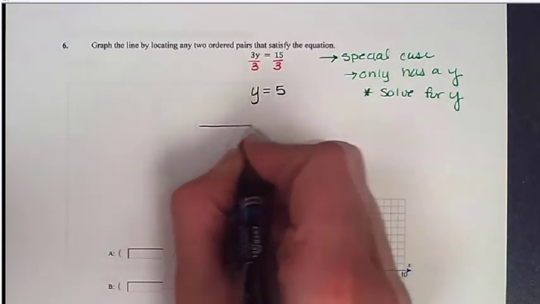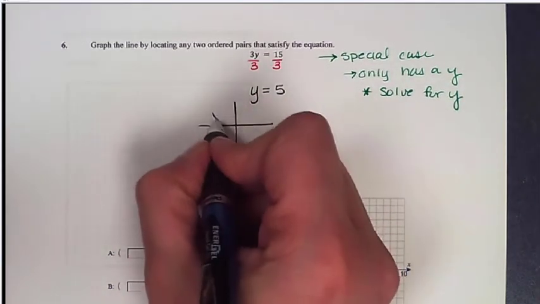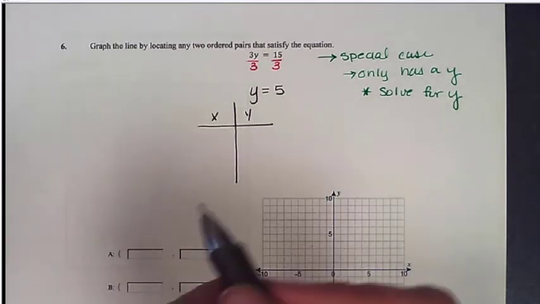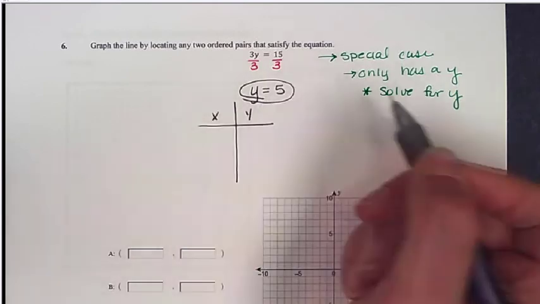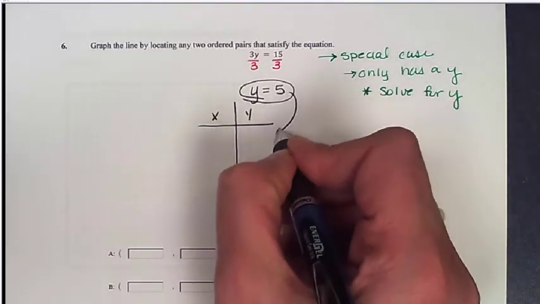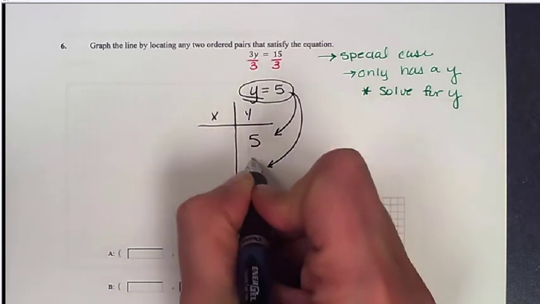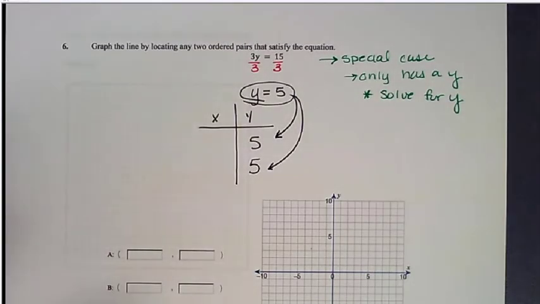So again, if I'm thinking about my chart and I'm thinking about having to find points, this particular time, my y is always going to be 5, because it's telling me in my equation that y is 5.